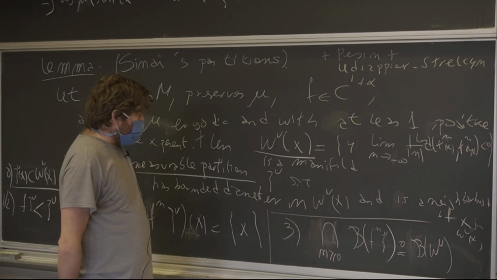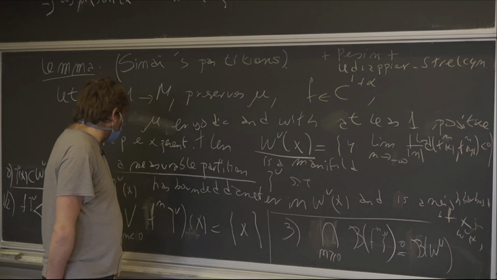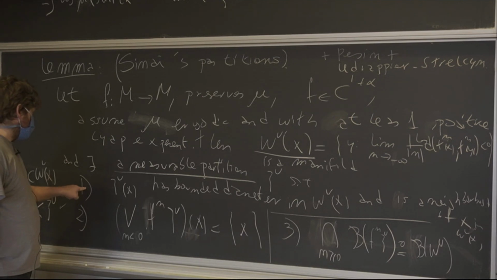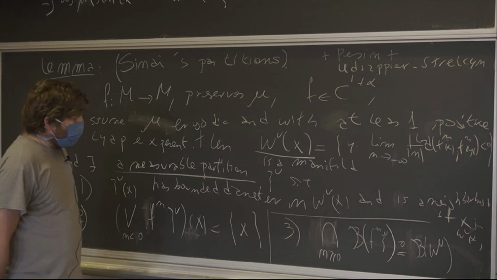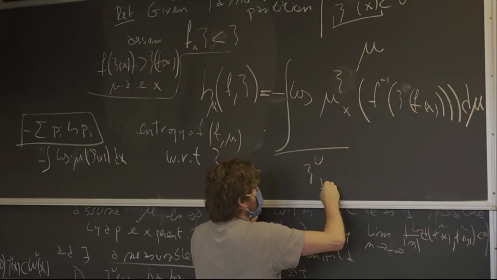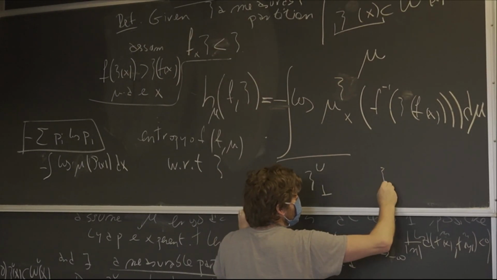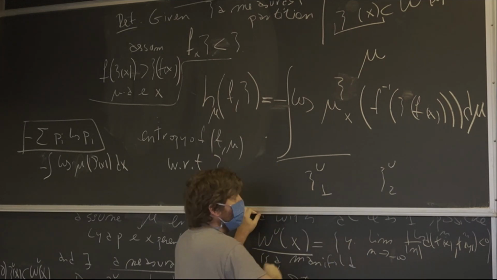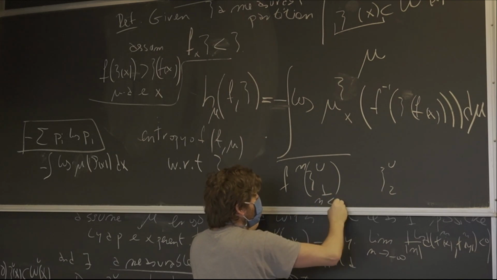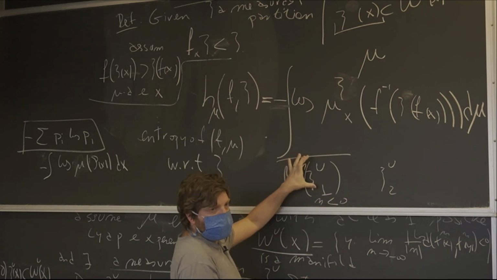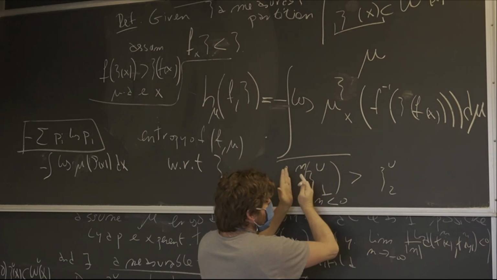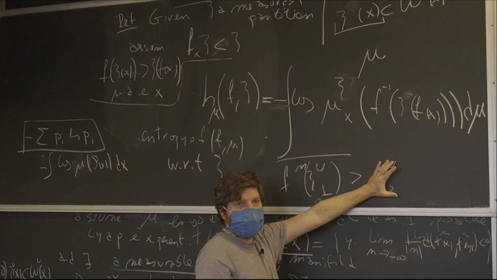Okay, which should not be so surprising because of condition 1, especially because condition 1 will tell you that if you take two partitions, psi u 1 and psi u 2, you take, say, n negative, you contract one, and essentially you will make these atoms much smaller than that.